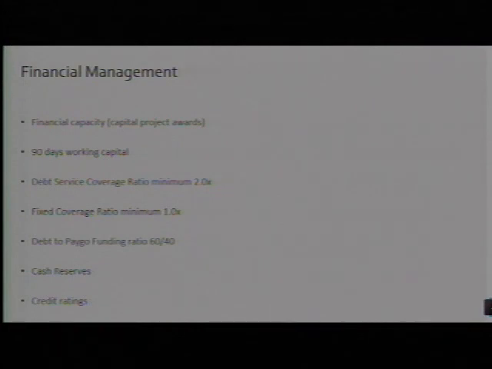Our debt service coverage ratio, we want to maintain that at a minimum of 2 times coverage, and that means that we're able to pay for our debt service 2 times from our net revenues. And our fixed charge coverage ratio at a minimum of 1 times, which means that we're able to pay for our debt service at least 1 times from our fixed charges.